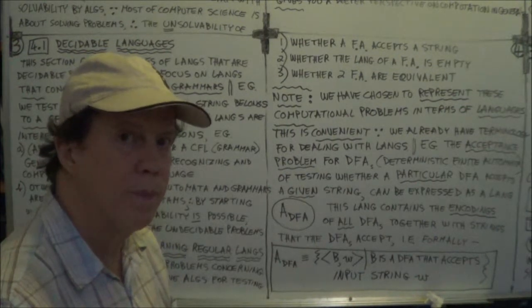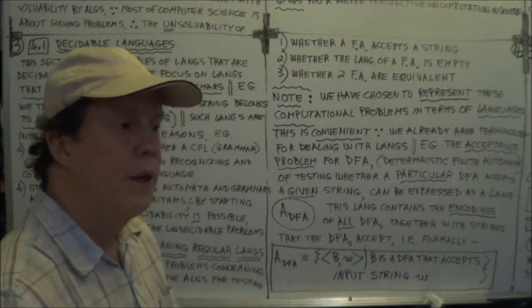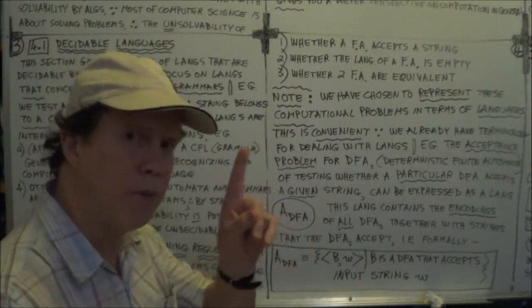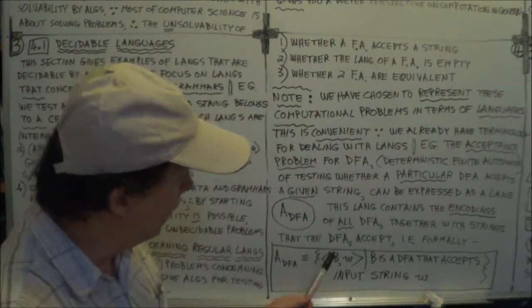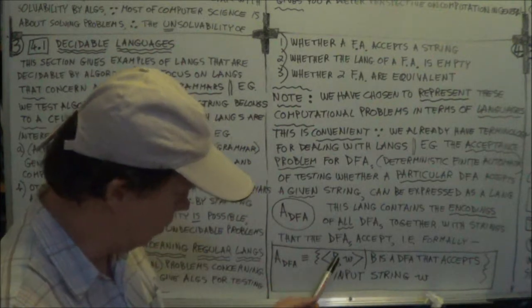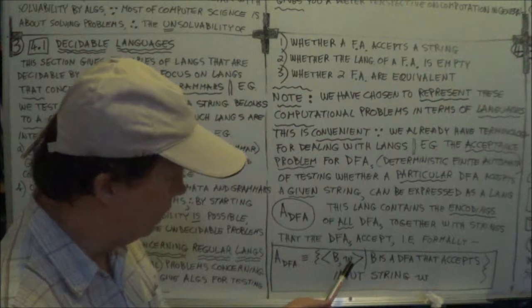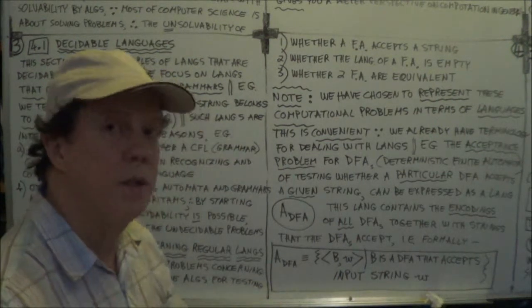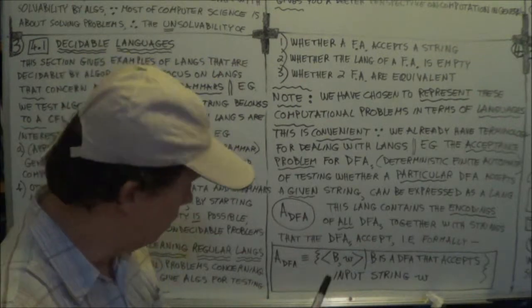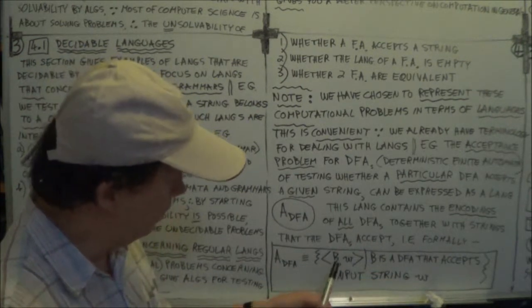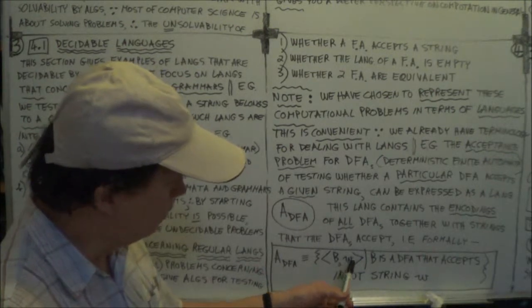That's the problem. So if the answer is yes, then the pair, that particular DFA and that particular string, will belong to this language, by definition, because this language contains all of these ordered pairs where B accepts W.